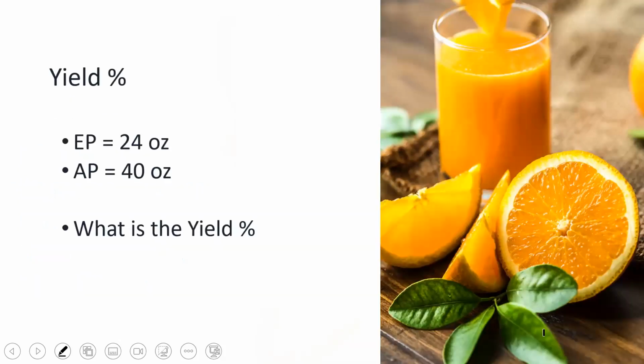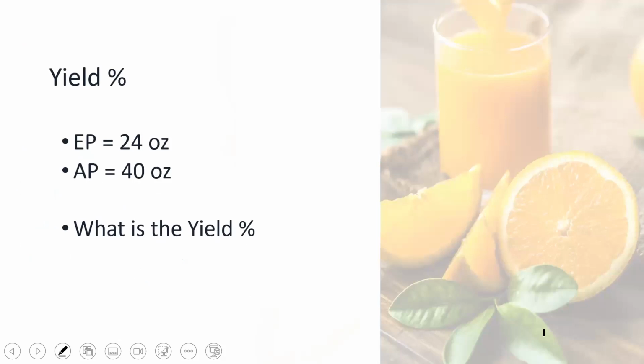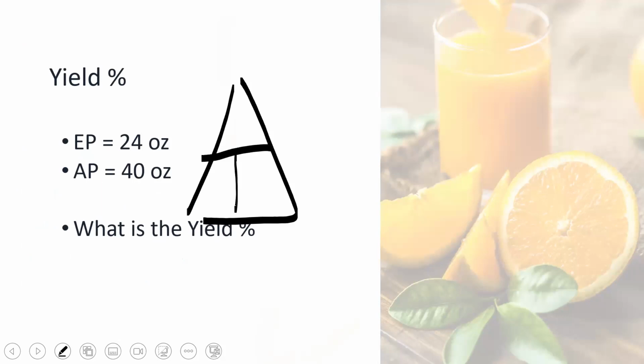Now let's use one last example of our yield percentage. In this case, let's talk about fresh squeezed orange juice. We are going to buy oranges by weight, maybe the pound, in this case ounces. But in reality, we're only going to have so many ounces of juice left over. So I'm going to draw my triangle just to remind myself: edible portion up top, as purchased on the bottom, and then yield percentage.